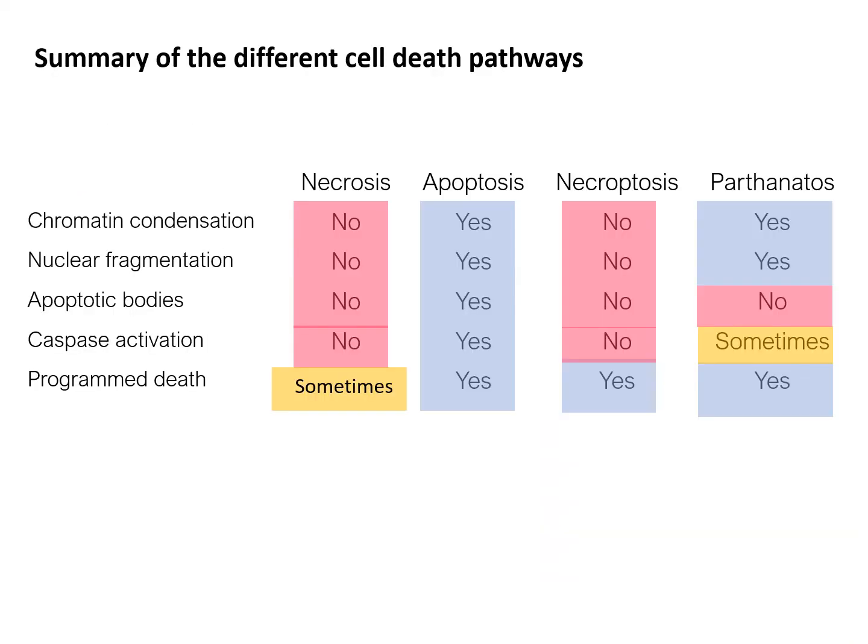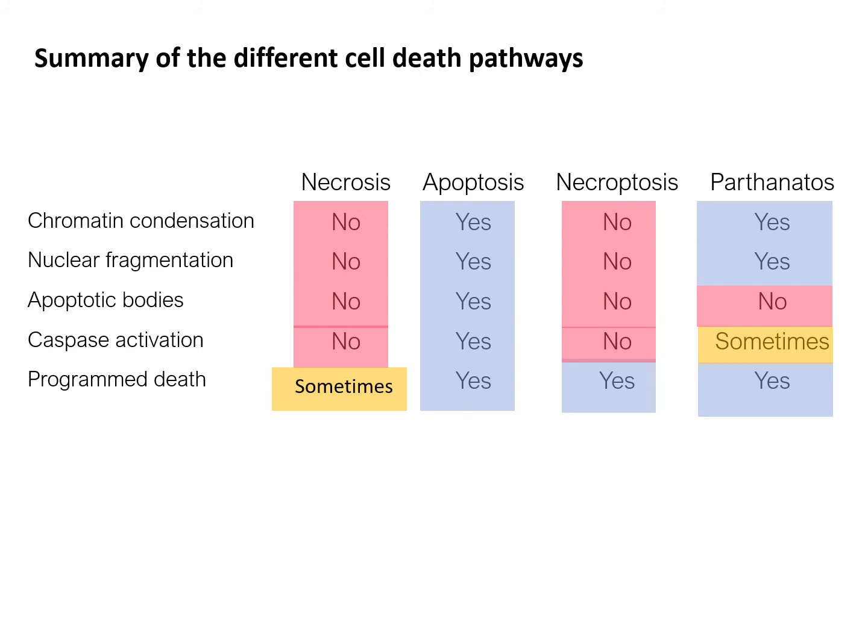So in this summary slide of the different cell death pathways, I wanted to emphasize the differences between the 4 different cell death pathways that we've seen in the last videos. And I classified them based on 5 different characteristics.